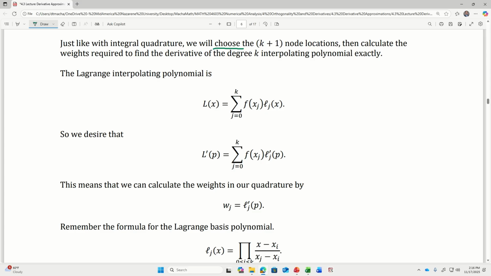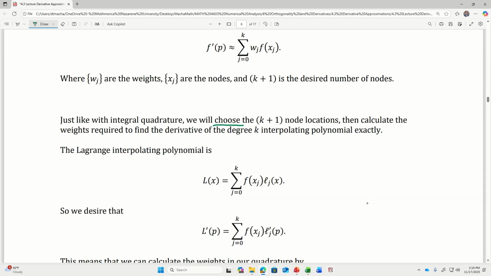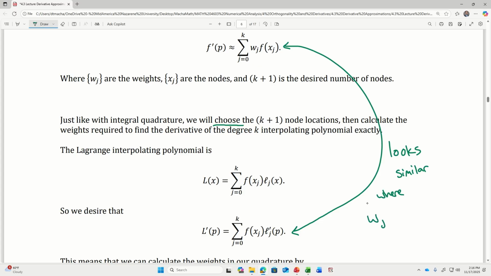And this looks like our quadrature, right? This looks similar, where the weights would then be determined by the Lagrange basis polynomial, or I should say the derivative of the Lagrange basis polynomial evaluated at p.